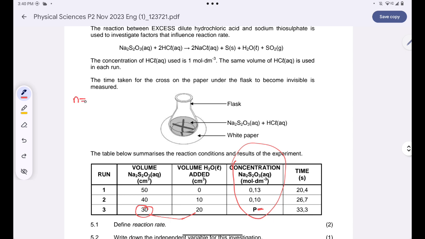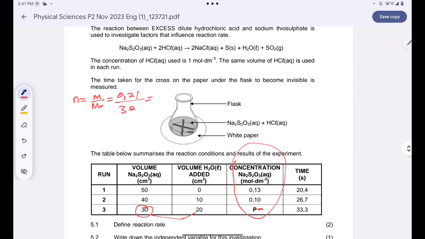So the number of moles for sulfur is mass all over the relative atomic mass. The mass is 0.21, and the atomic mass of sulfur is 32. I'll just divide this by 32.